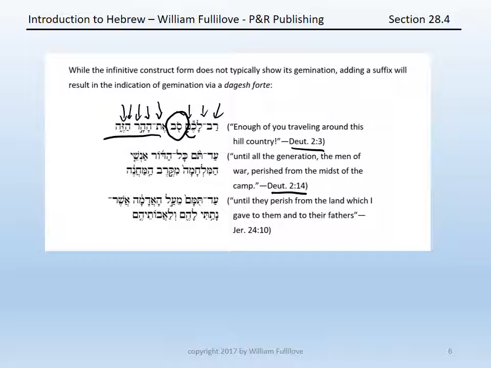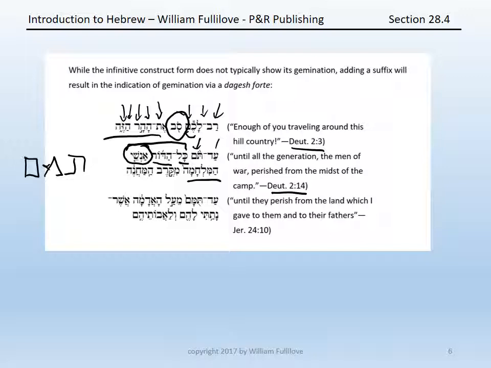Second, Deuteronomy 2:14, ad tom kol hador anshe hamilchama mekerev hamachaneh. So ad, until, tom, qal infinitive construct of tamam, glossed as to perish. So until the perishing of, kol hador, all of the generation, defined as anshe, that's a construct, the men of, hamilchama, war.